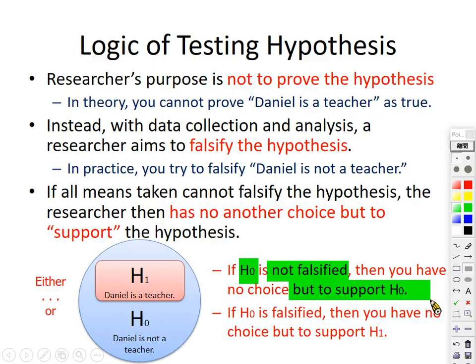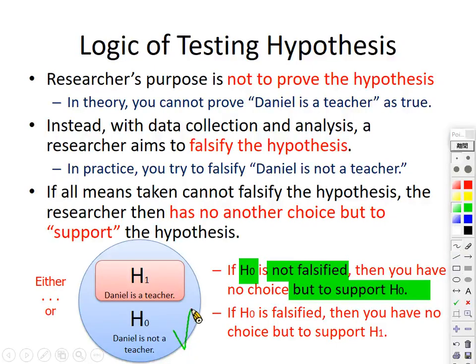H0 is about Daniel is not a teacher. With the same set of data, she could not falsify the null hypothesis. So what is her decision? She has no choice but to accept Daniel is not a teacher, right? Since Daniel is not a teacher, then what would be her choice to deal with the research hypothesis?